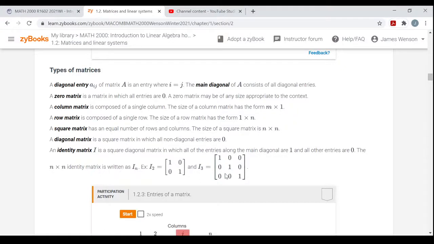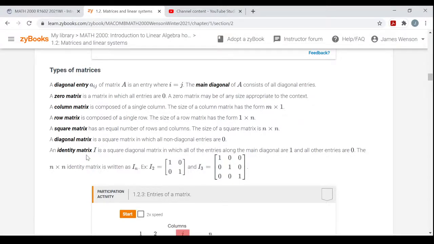So right here, look at this one. Here's a square matrix, 3 by 3. All the entries that are not on the main diagonal, right? The main diagonal has the 1s here. All the entries not on the main diagonal are 0. So this I3 here would be considered a diagonal matrix.